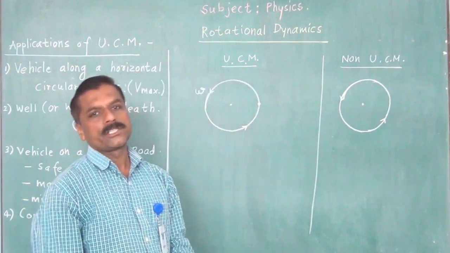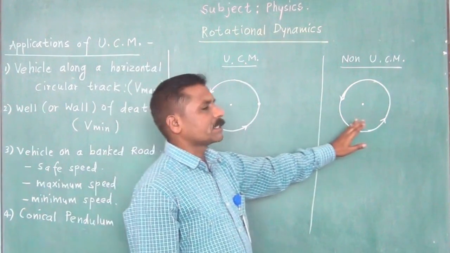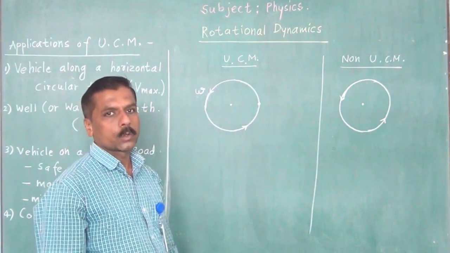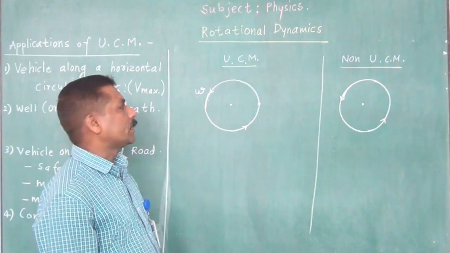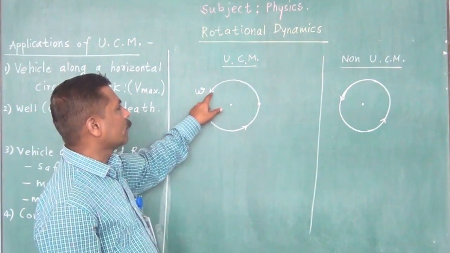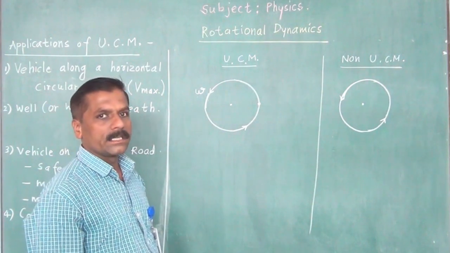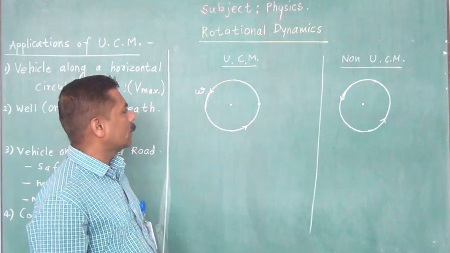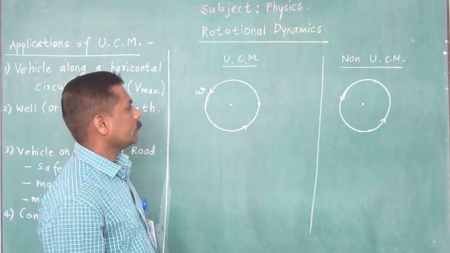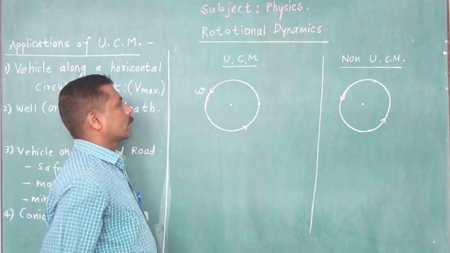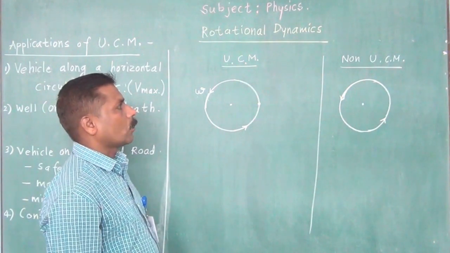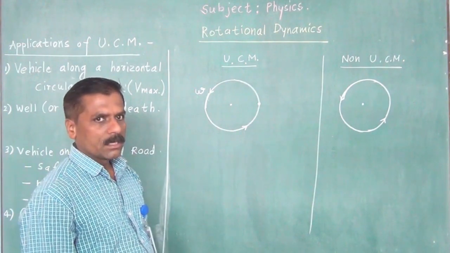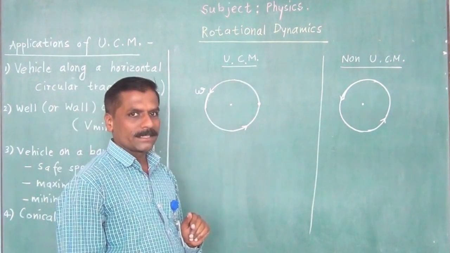To distinguish the diagrammatic representation, you can write omega over here, so that you will get an idea about this. This omega, angular velocity, is considered constant. The angular speed is the magnitude of the angular velocity. Okay. So if we compare the uniform circular motion and non-uniform circular motion, you will find this is the diagrammatic representation. Again you will find the definition for this.